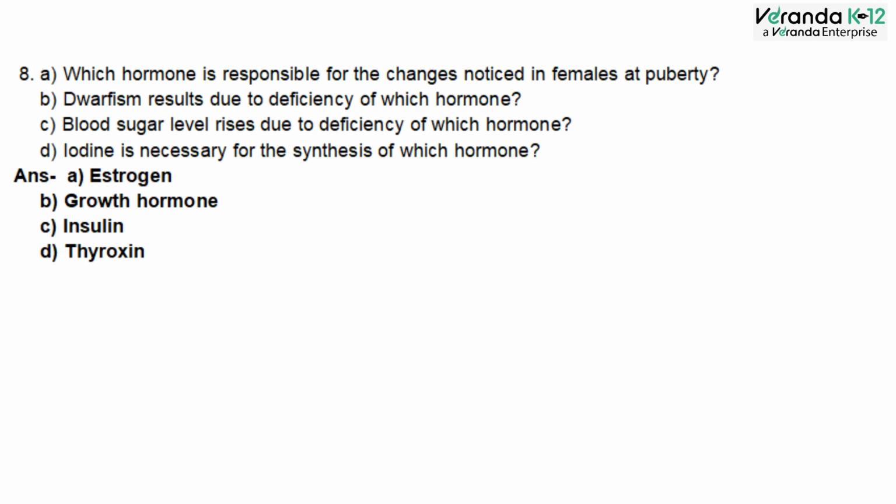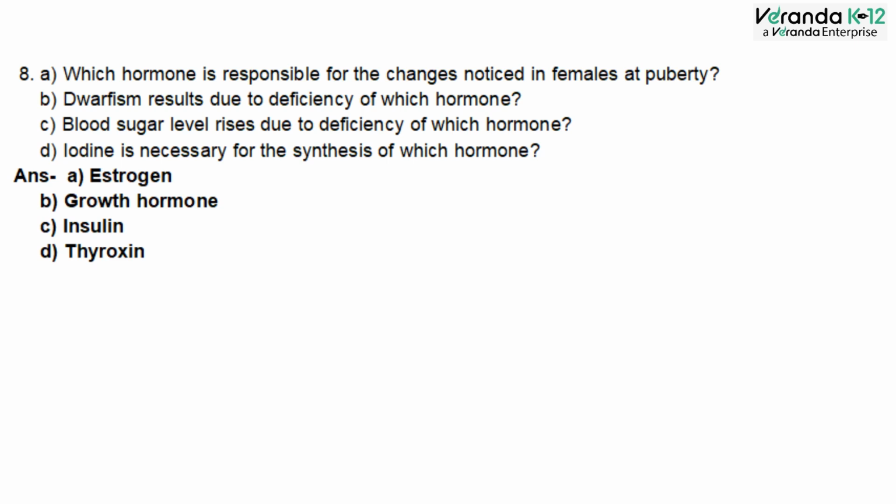The answer is, dwarfism occurs due to the deficiency of growth hormone, which controls the height and overall growth of the body. Third, blood sugar level rises due to deficiency of which hormone? The answer is, the hormone insulin helps in controlling blood sugar levels. When insulin is lacking, the sugar in the blood rises, leading to diabetes.